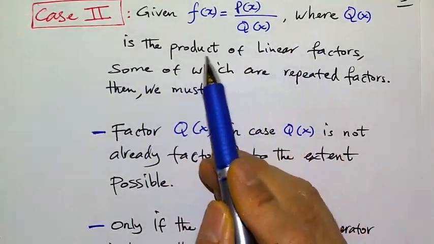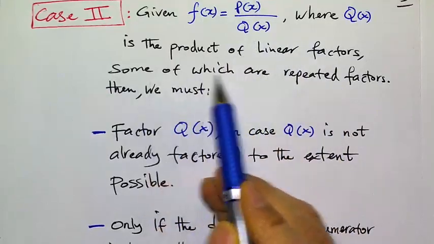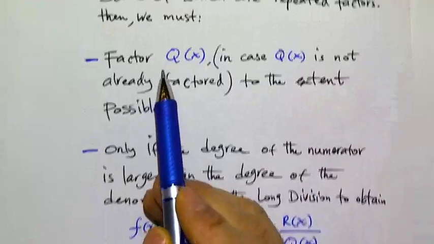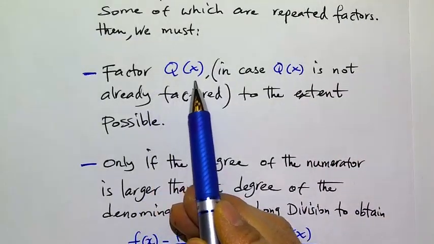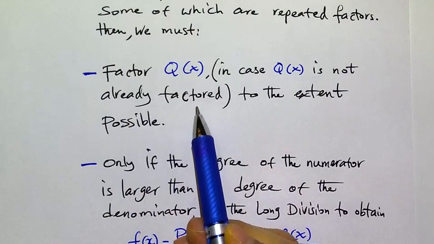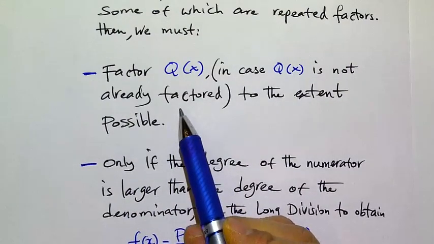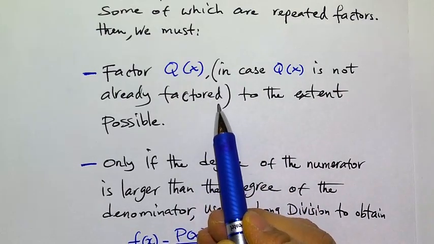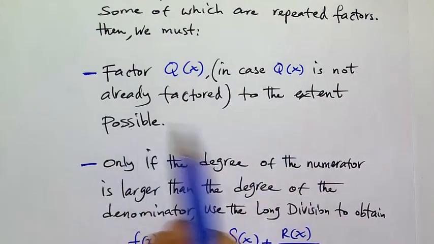So the denominator is the product of linear factors, some of which are repeated factors. Then we must do this. Factor q of x, if q of x is not already factored. In the example I showed you, it's already factored. But if it's not factored, we have to factor it to the extent possible.